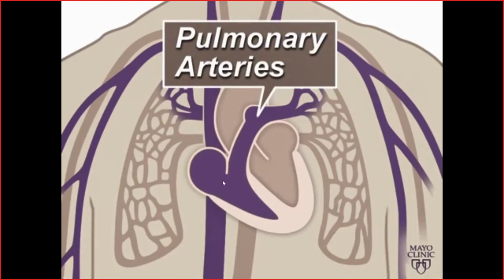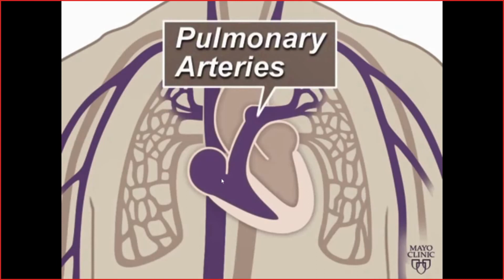Here we have a valve between the right atrium and the right ventricle, and the valve works because it closes this part. So when the heart pumps, the blood will not find any way to go except this way, the pulmonary artery.